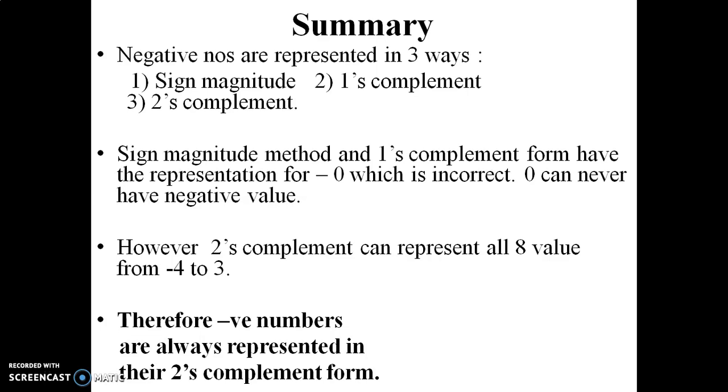However, 2's complement can represent all 8 values, that is from -4 to 3. Therefore, negative numbers are always represented in their 2's complement form. I hope I have made this clear, and thank you.